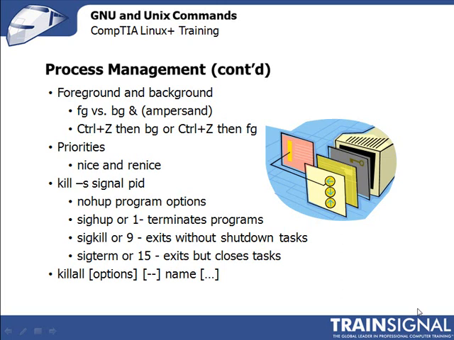And 15, which is SIGTERM, lets the process exit and close any open files as well. If you don't specify a signal, the default is 15. Killall is another option, which terminates a process based on the name rather than the process ID.